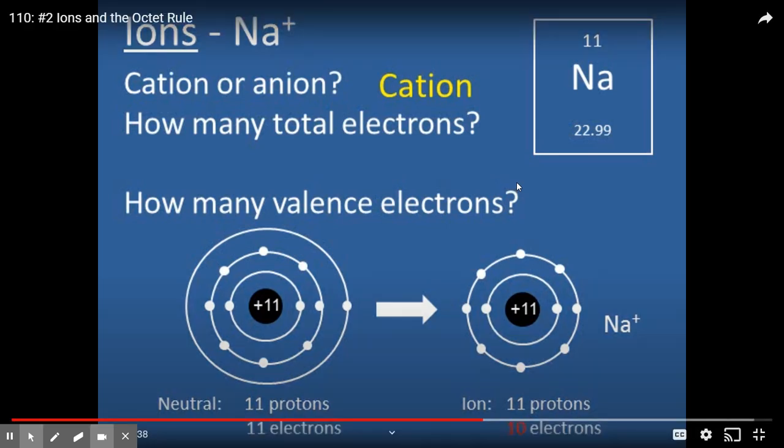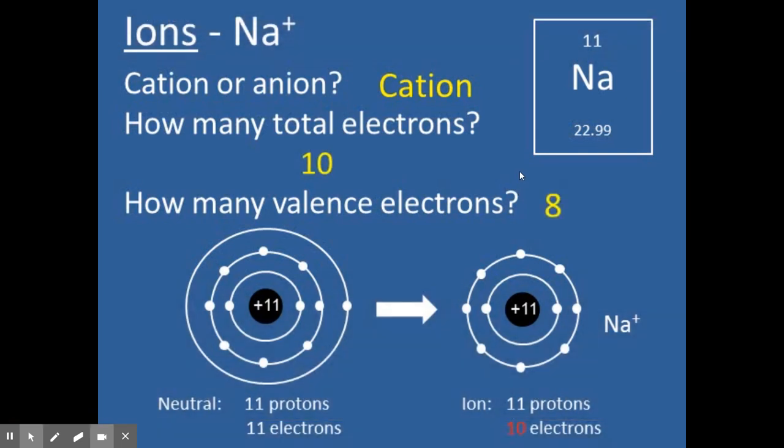And we also see that this results in 1 additional proton over electrons, giving it a +1 charge. So there are a total now of 10 electrons, and only valence electrons being counted, we see that it has 8, which of course is the reason it lost that 1, to fulfill the octet rule and have the 8 valence electrons.